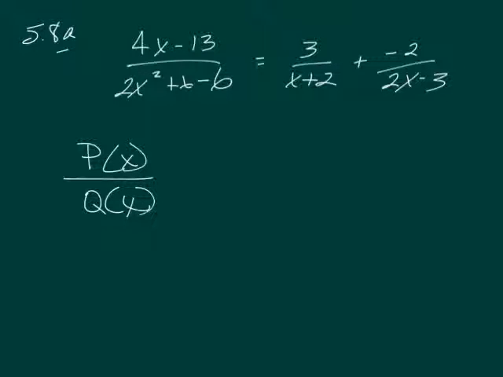On the other hand, if the degree of the top one is less than the degree down here, such as this one here, the degree on this one is 1, the degree on this one is 2, so because the degree on the top is less than the degree on the bottom, then we factor into linear factors and go ahead and find the partial fraction decomposition based on that.